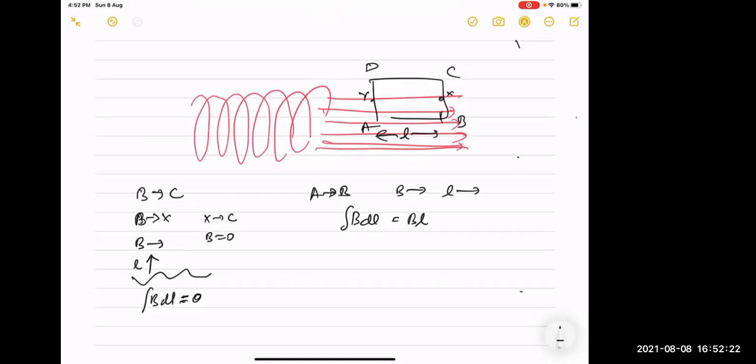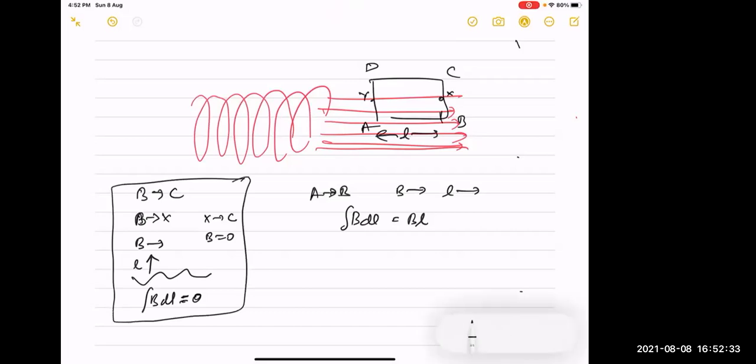Do you understand this or not? Yes, sir. From C to D, the magnetic field is 0, so B dl is 0.